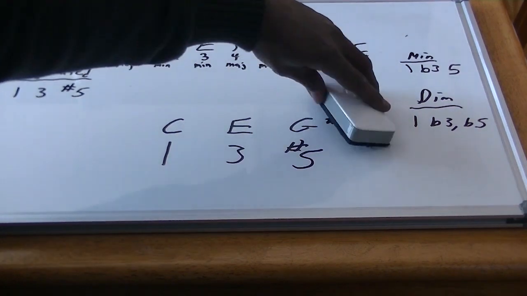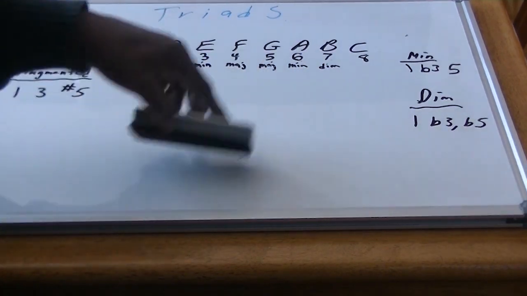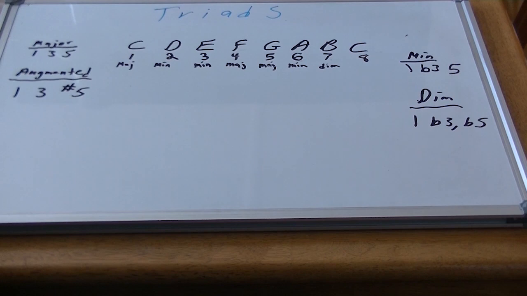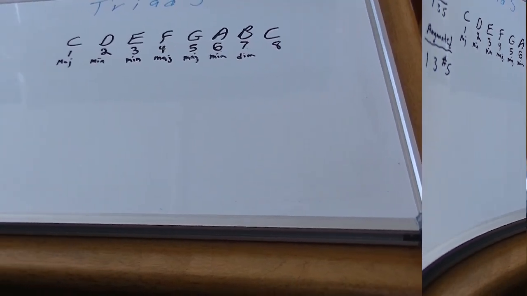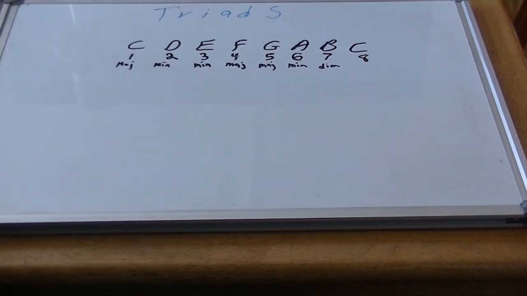So now that we've looked at the various triads, I'd like to do a comparison, and I'm going to erase some of this stuff here. So I want to do a recap, basically, of the information. And so I want to cover a few points.